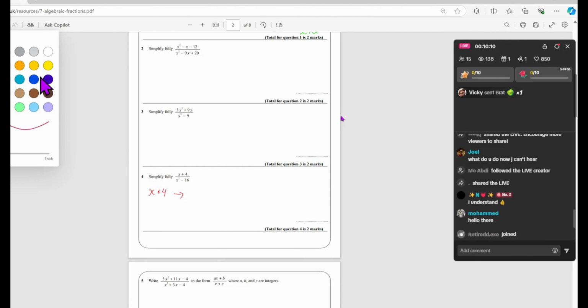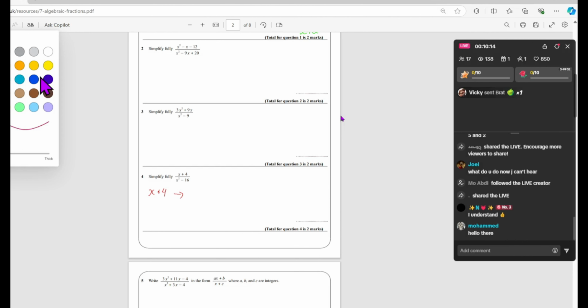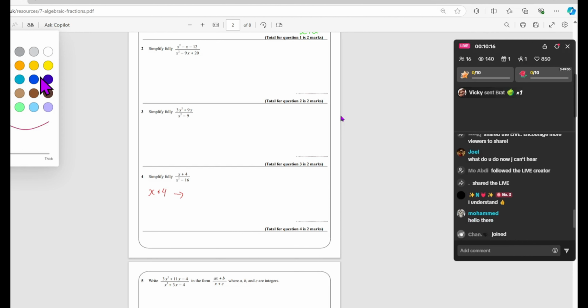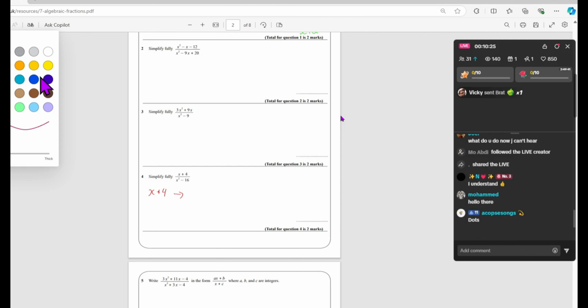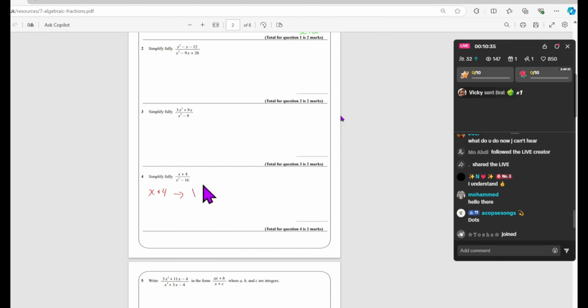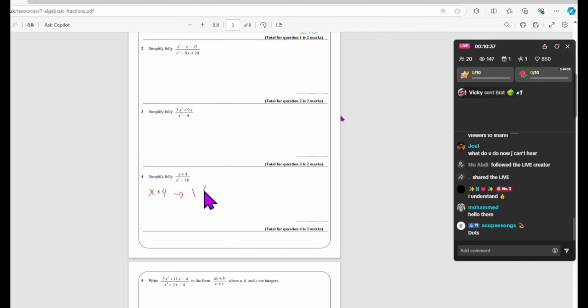How would you factorize this? What would be the highest common factor? I'll give you a hint, it's a trick question. It's going to be 1. So we're going to put a 1 out, and then it's going to be just x plus 4.